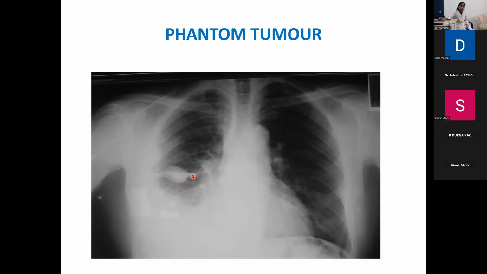Now you can see the minor fissure traveling through this opacity, and the fissures are bulging with effusion. Usually you cannot appreciate the fissures, but here you can appreciate the fissure going through this opacity. So this is nothing but an encysted effusion sitting inside the minor fissure. This is also known as phantom tumor.